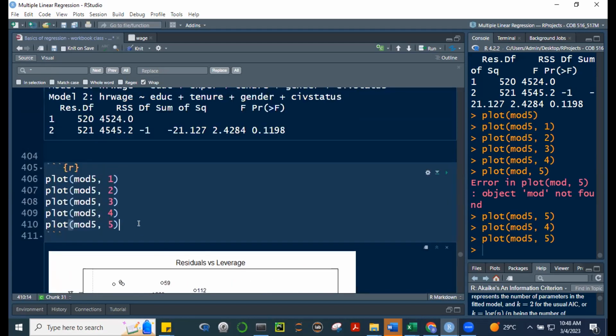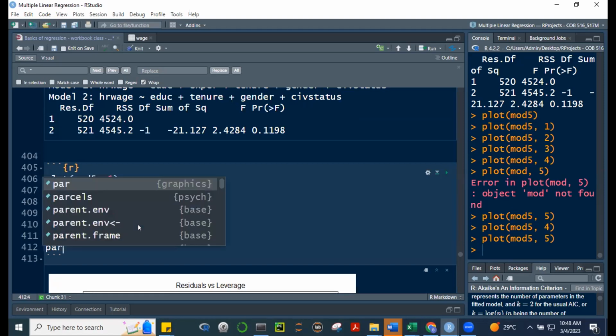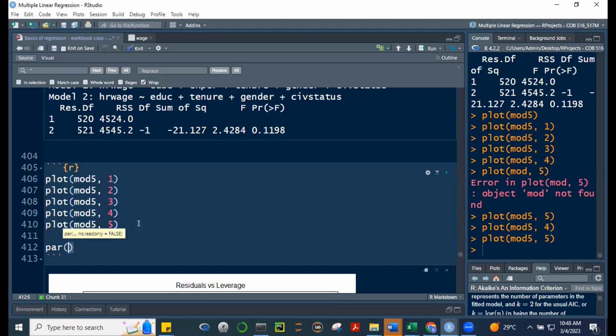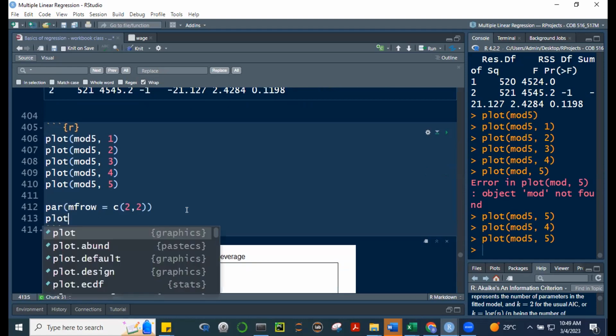Now, if we want to plot this together, no, kasi isa-isa siya eh. I-partition natin. So we have this function par, which is partition. The number of rows is equal to, gawin natin 2 by 2. Okay? 2 rows, 2 columns. And then, saka natin i-plot si mod 5.